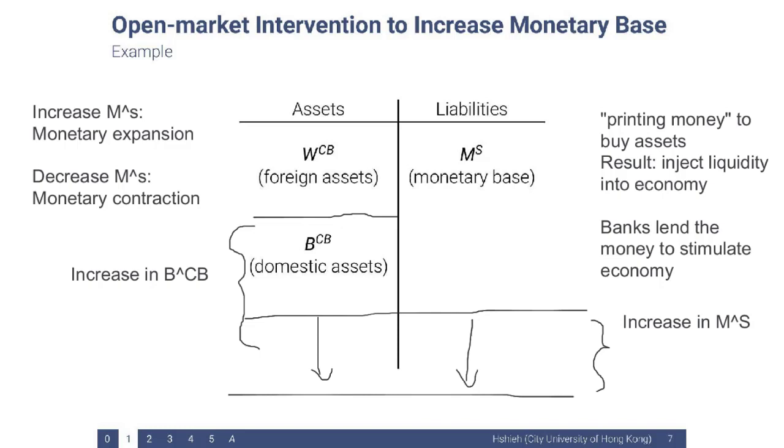Yes. Usually, who do they sell those assets to? Primary dealers. Okay. There is a consortium of banks in every country that basically handles all auctions on behalf of other financial institutions.